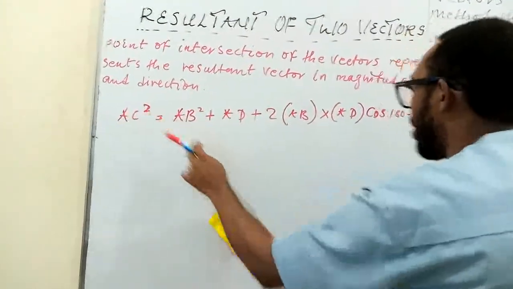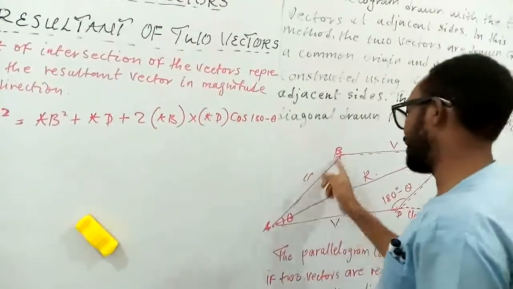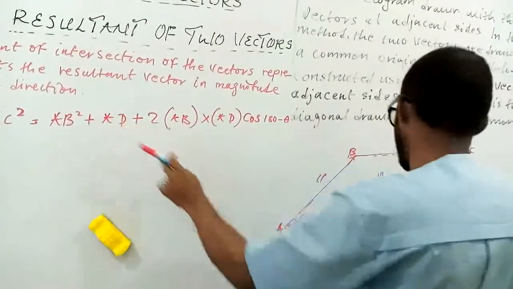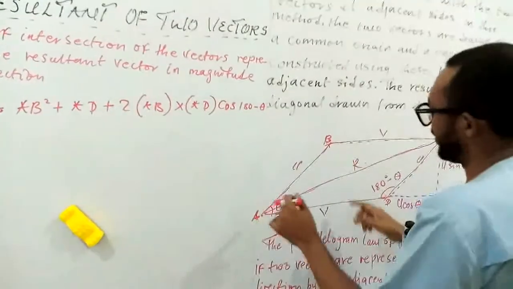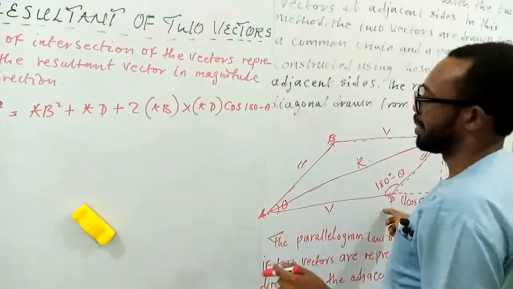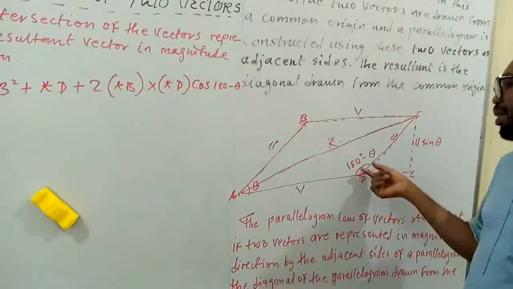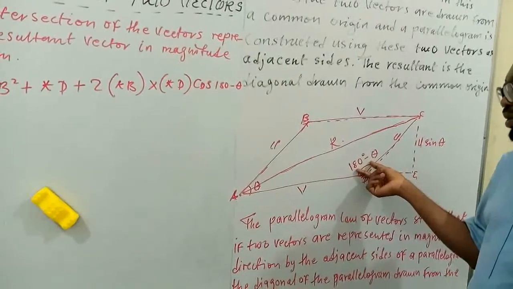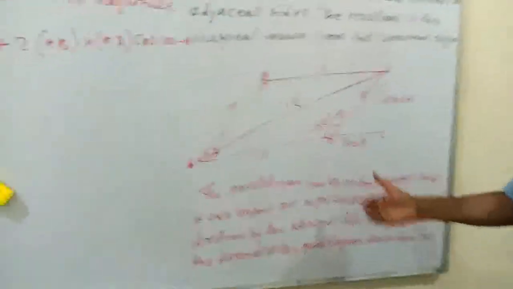That's where you have AC is equals to AB squared plus AD squared plus 2 of AB and AD cos 180 minus theta. So if you look at the parallelogram flow of vector, we can go over it again.